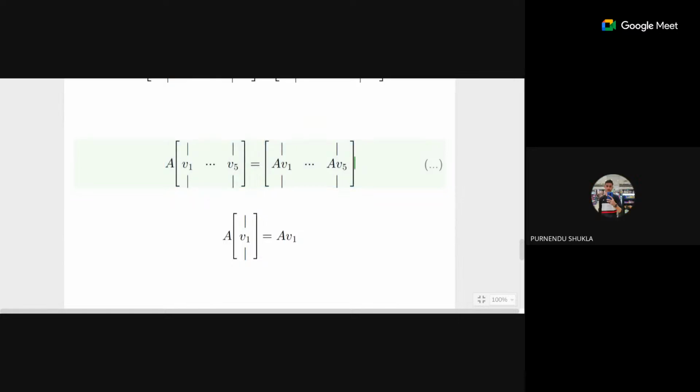My question is, if A is a matrix and we are multiplying it by the column, then how are we getting AV1 as a column? I get that we will get AV1 as a column, but why a column? We have two rows also there for A. So you can go and derive it, you can actually go and prove this. It's tedious algebra.